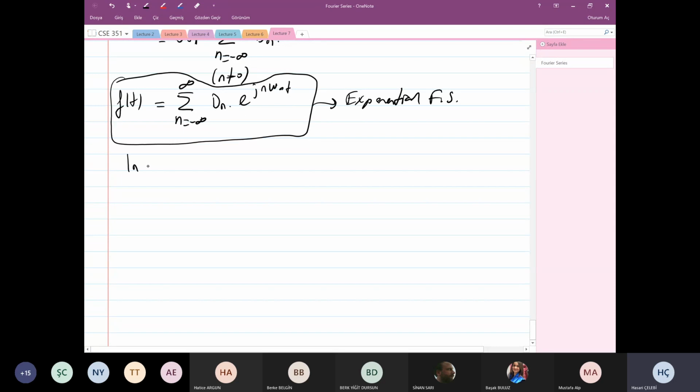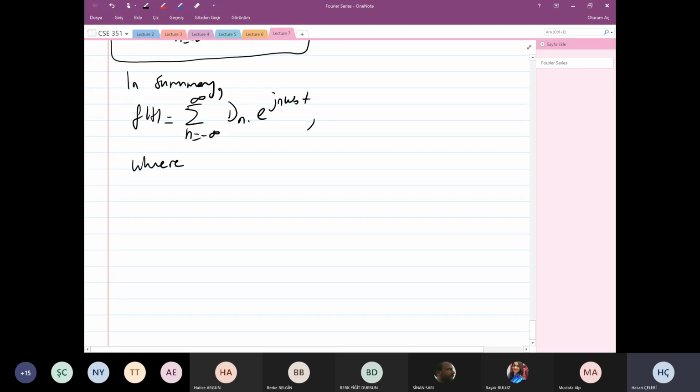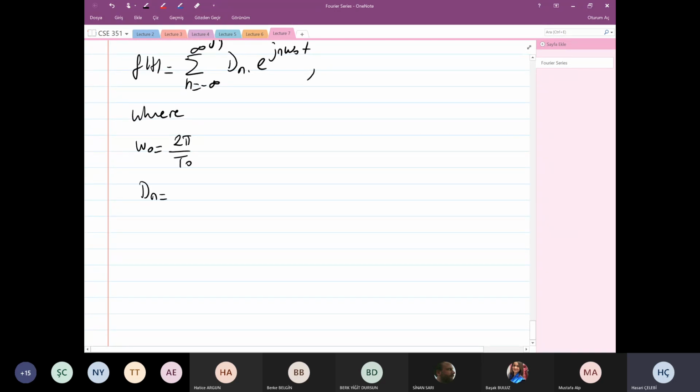In summary, let's summarize. The exponential Fourier series is f of t is equal to the sum n from minus infinity to infinity dn times exponential j n omega 0 t, where, you know, omega 0 fundamental frequency is equal to 2 pi over T0, and the dn coefficients in this case we're gonna find out using this equation: 1 over T0 times the integration over one period f of t times exponential minus j n omega 0 t dt.